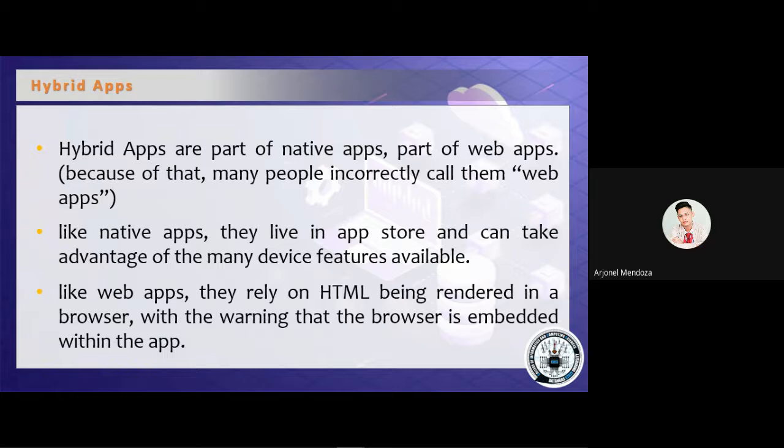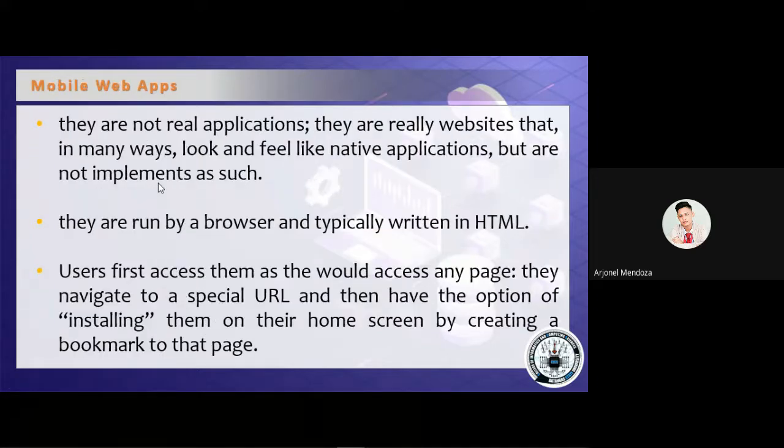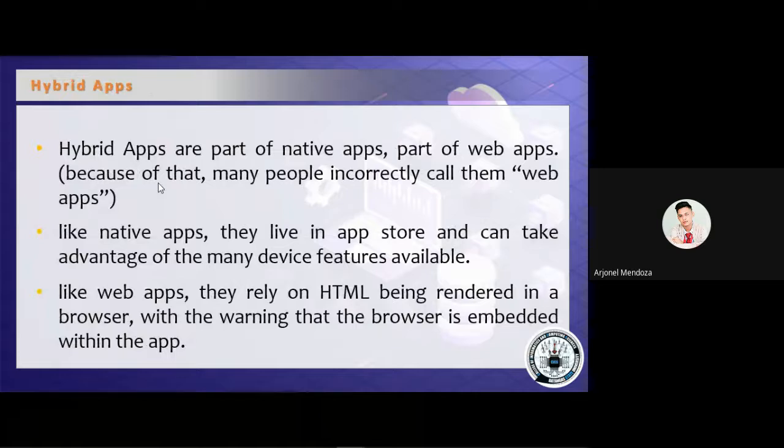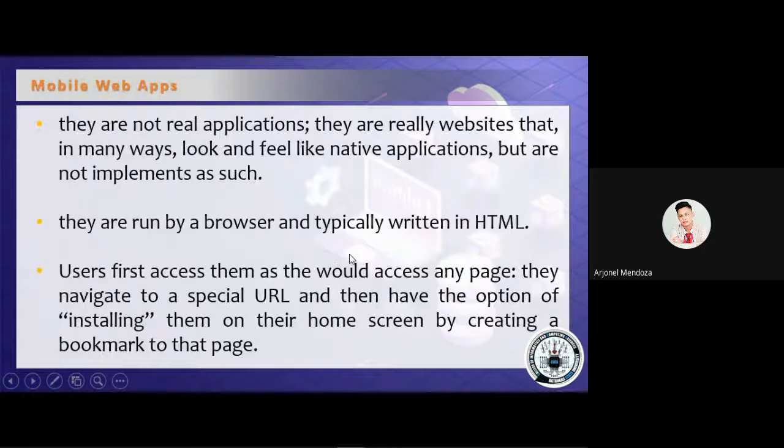Hybrid is compatible with all. With regard to types of mobile applications, hybrid is a combination of native and mobile web. So hybrid apps are part native apps and part web apps. Because of that, many people incorrectly call them web apps.